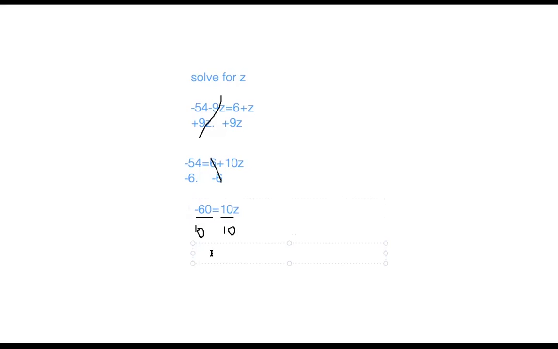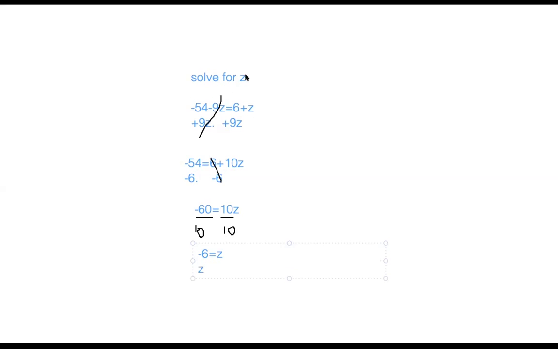On the left side, we have negative 60 over 10. It's important to remember that we have a negative sign, meaning we're going to have a negative answer. Negative 60 divided by 10 equals negative 6, and we're left on the right side with z. So that's your answer right there.